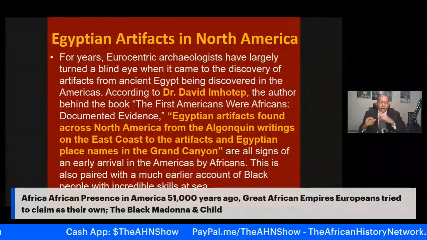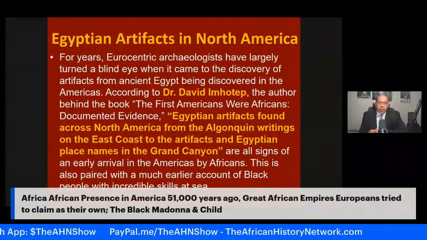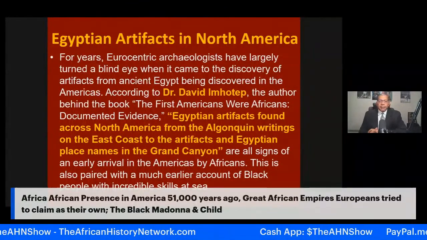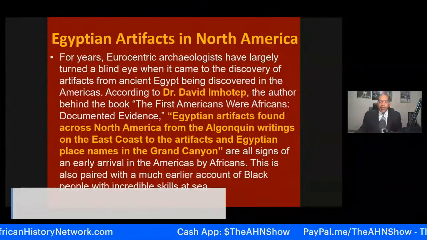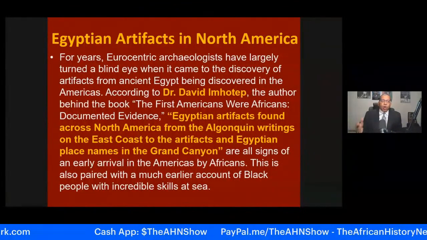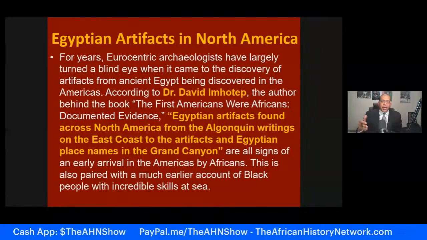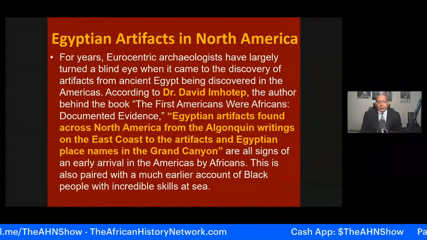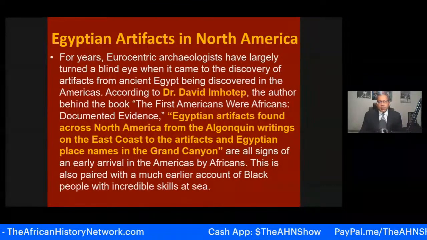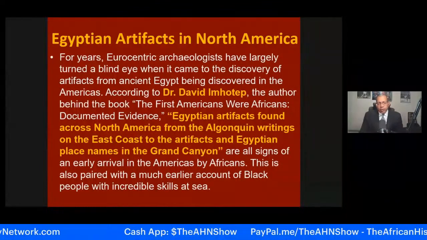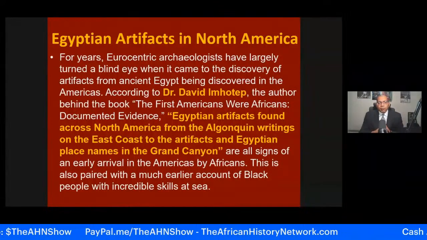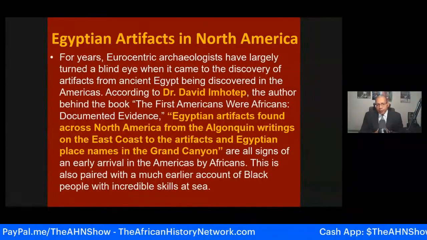According to my friend Dr. David Imhotep, the author of the book, The First Americans Were Africans, Documented Evidence, quote, Egyptian artifacts found across North America, from the Algonquin writings on the East Coast to the artifacts and Egyptian place names in the Grand Canyon, end quote, are all signs of an early arrival in the Americas by Africans.